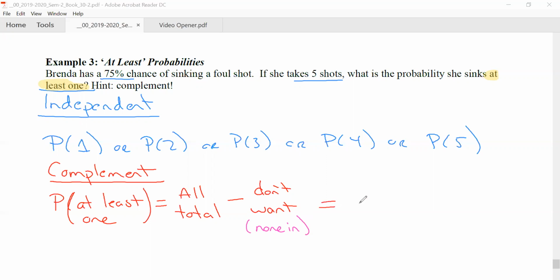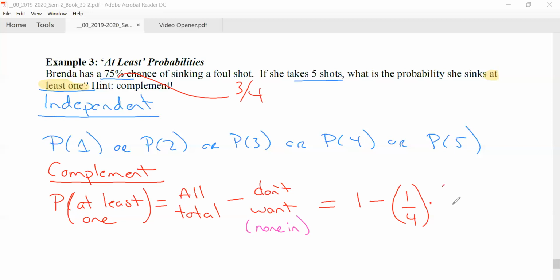All total, that's 100%, which I'm just going to write as 1, minus she gets none in. That means on her 5 shots, she gets none in. If there's a 75% chance she gets it in, that's 3 out of 4 that she scores. What's the probability that she doesn't score? 1 out of 4. But she doesn't get it in on all 5 shots.